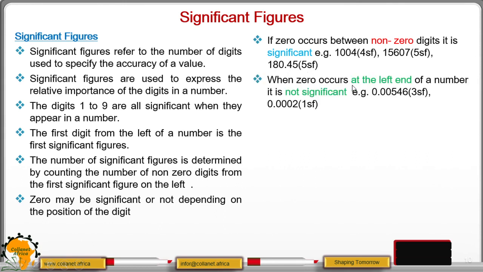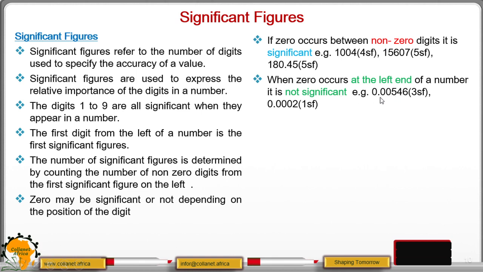But when 0 occurs at the left end of a number, it is not significant. In other words, a 0 that is coming before the decimal point and after the decimal point, then that 0 is not significant. It is not important, and therefore it will not be counted when you are counting the number of significant figures.